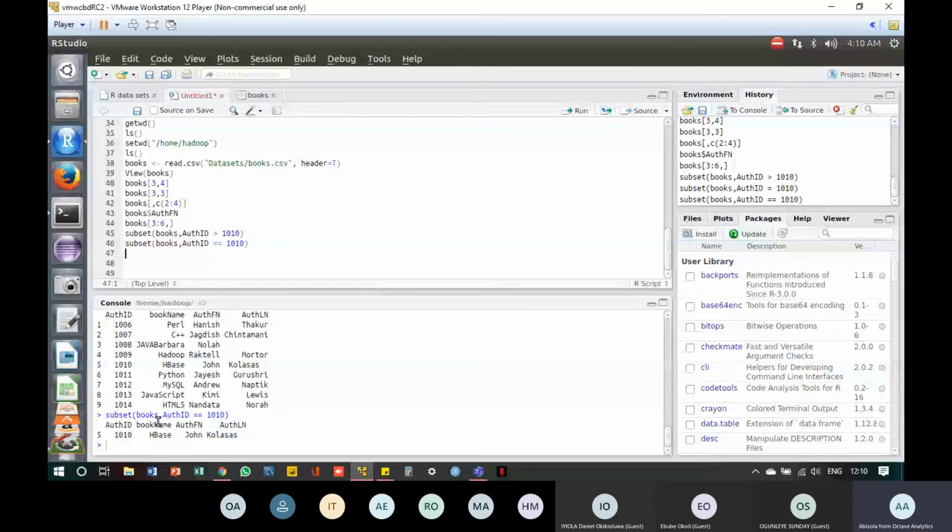And I could also subset in this format. I could also do this. I could also say subset of books where AUTHID. We'll soon round up the class.